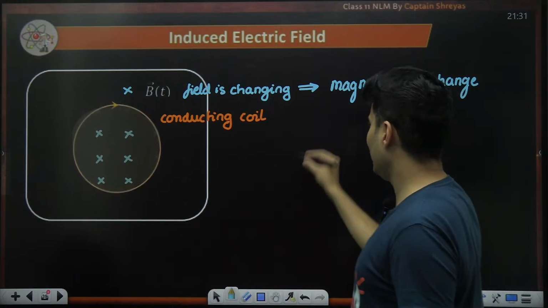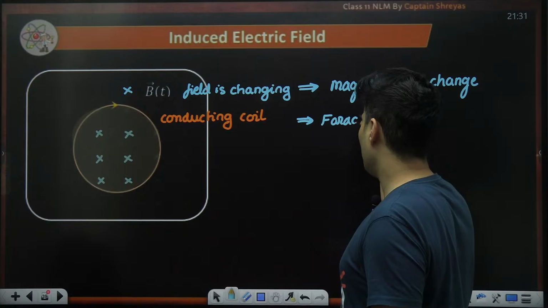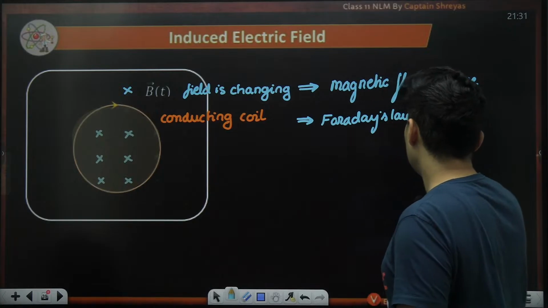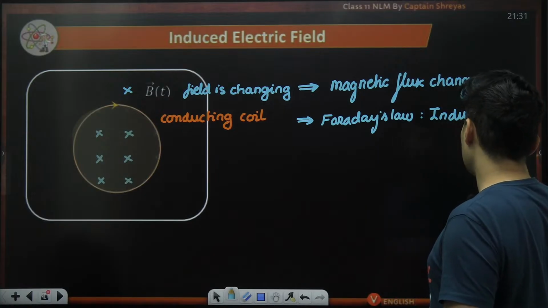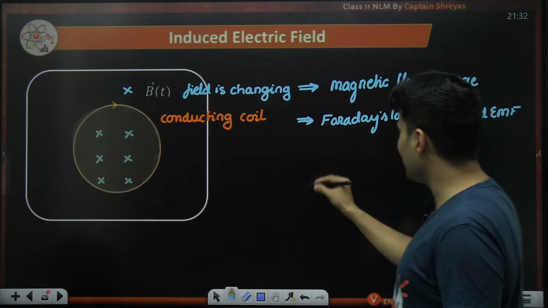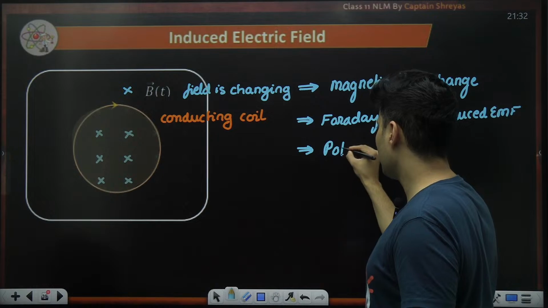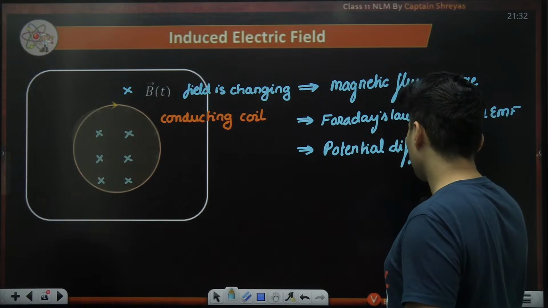Because the magnetic flux changes, by Faraday's law, there will be induced EMF. That means there will be a potential difference in the coil.